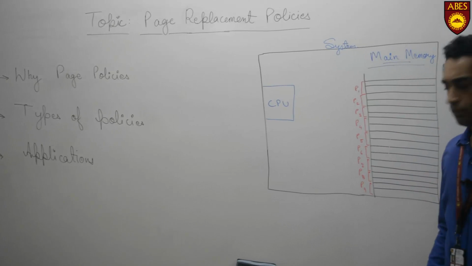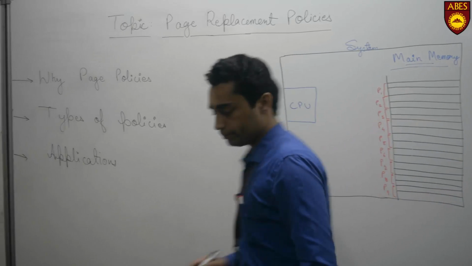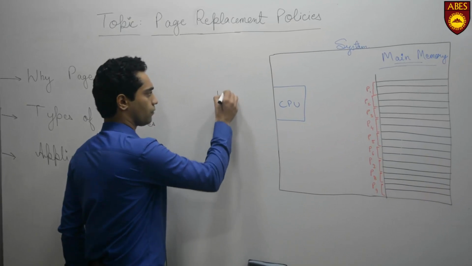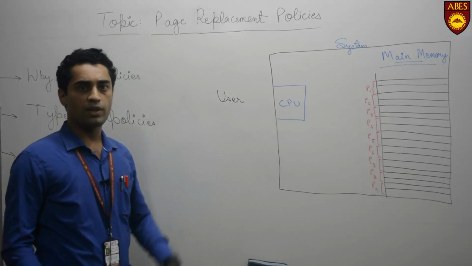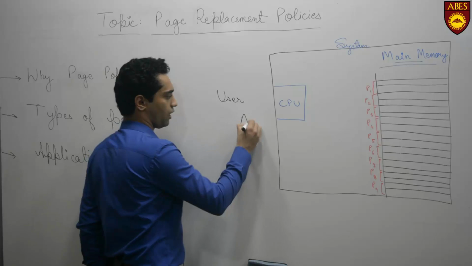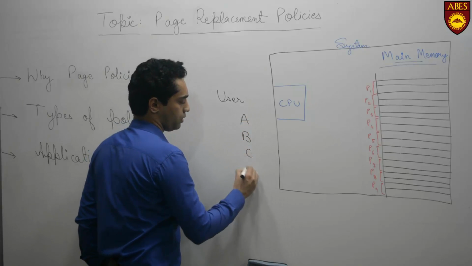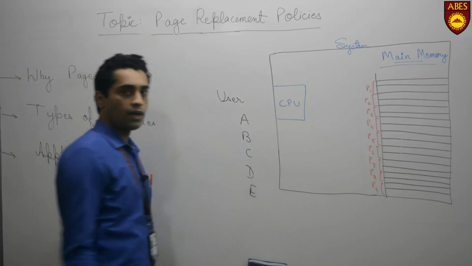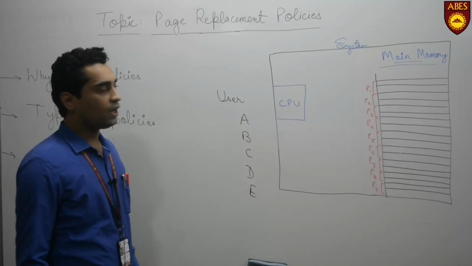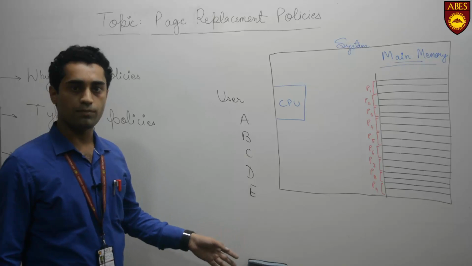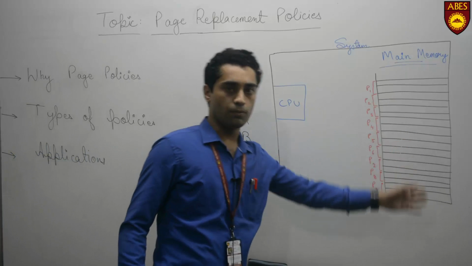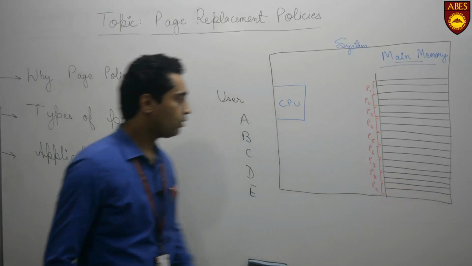For example, if a user wants to run multiple applications on a system, say applications A, B, C, D, E at the same time, then as per the nature of the operating system, all the applications or programs need to be loaded into the main memory before execution.